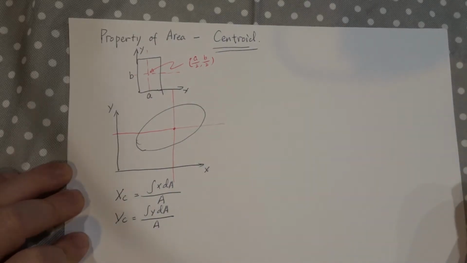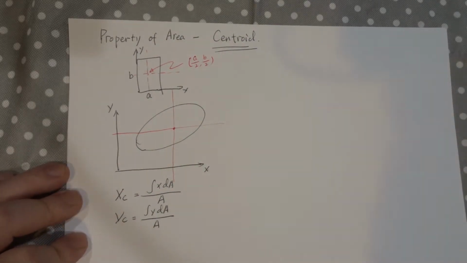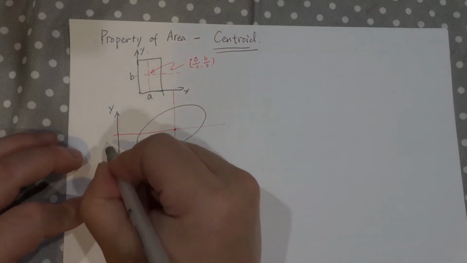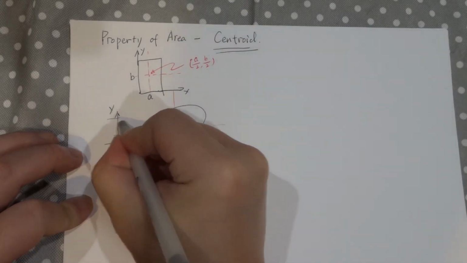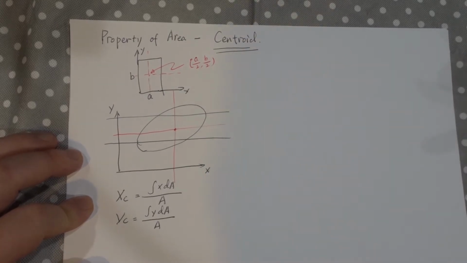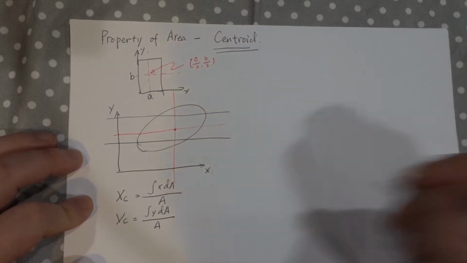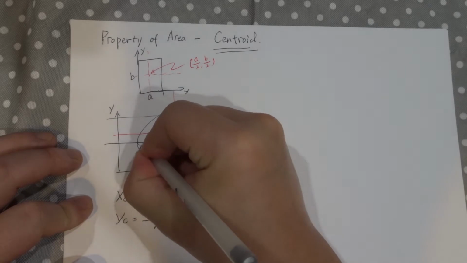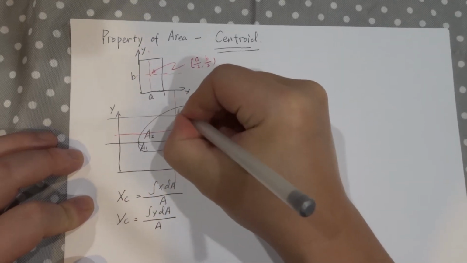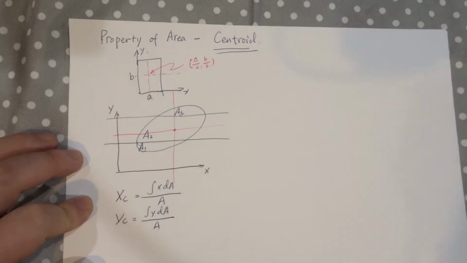Now, this is not going to give us a solution without the actual function of this shape. However, we can break up this shape into a finite number of pieces. Let's say we break it up into 3 pieces, and I want to name them A1, A2, and A3.